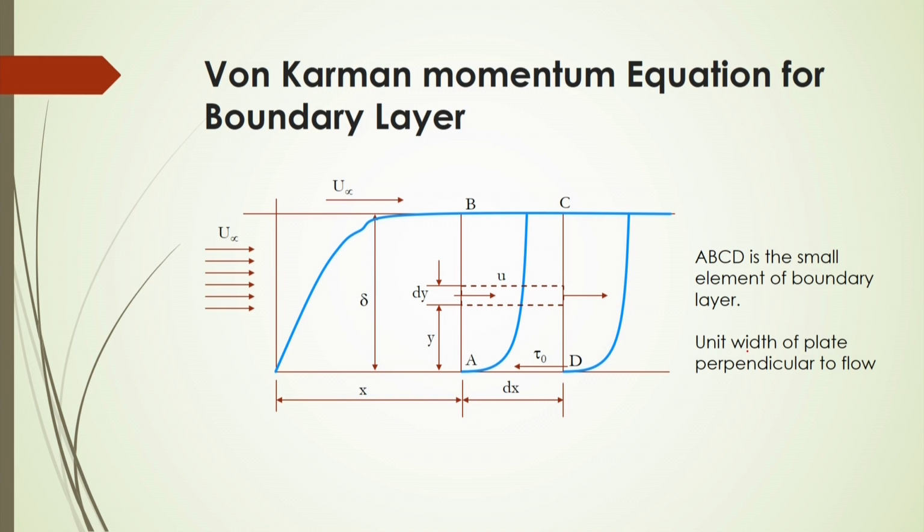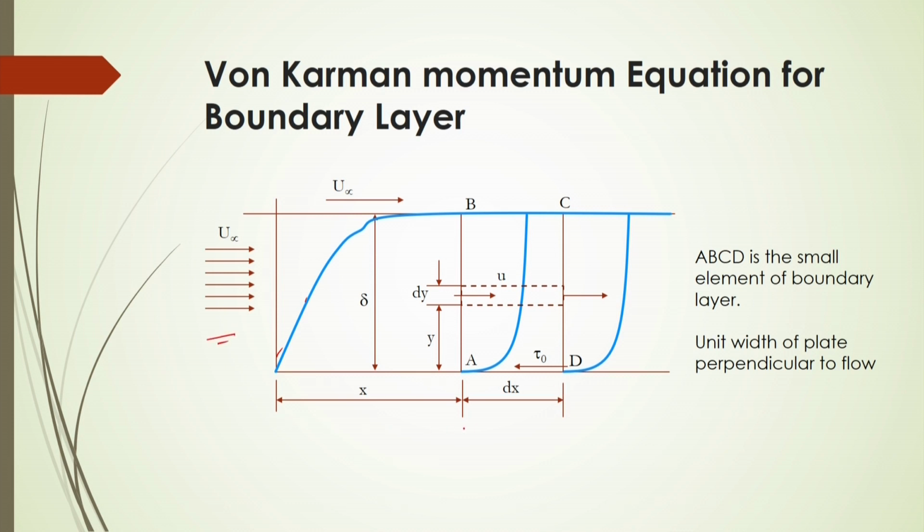Let us consider ABCD as a small element of the boundary layer shown here. So, this is the boundary layer, and within it we are considering A, B, C, D as a small element. Here we are considering unit width of the plate perpendicular to the flow, and u infinity is the free stream velocity.